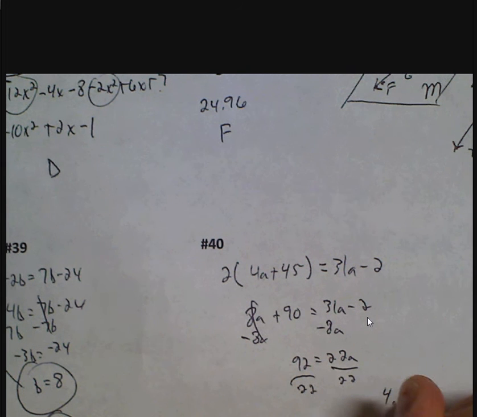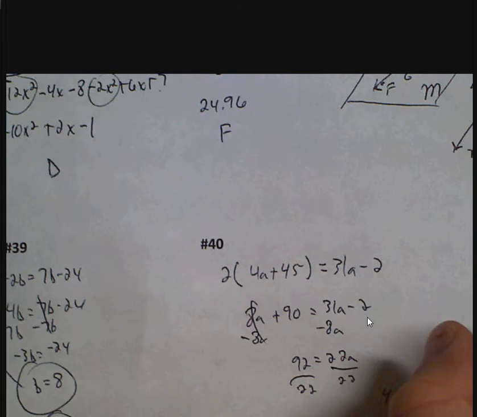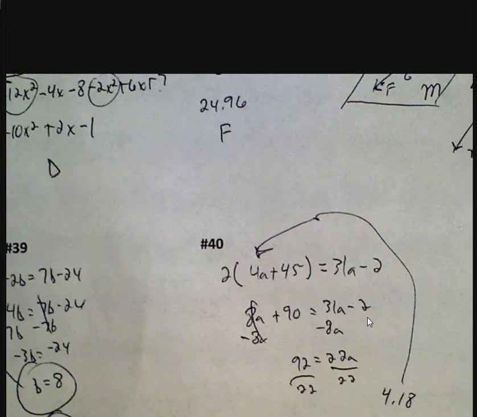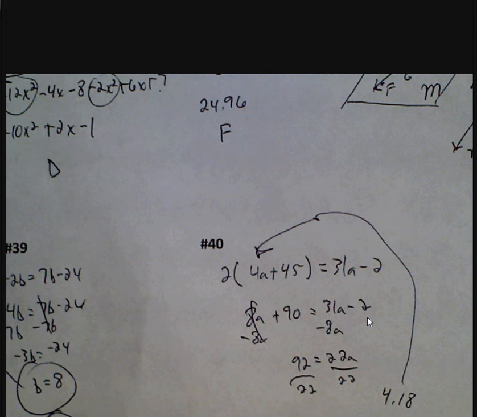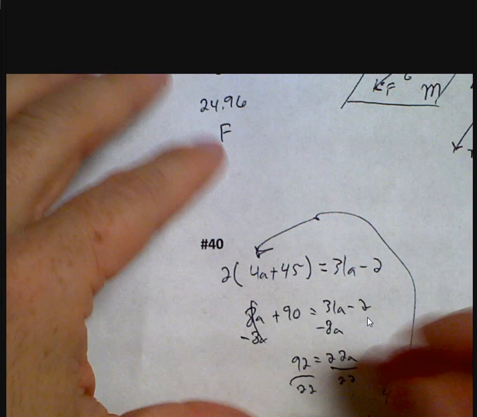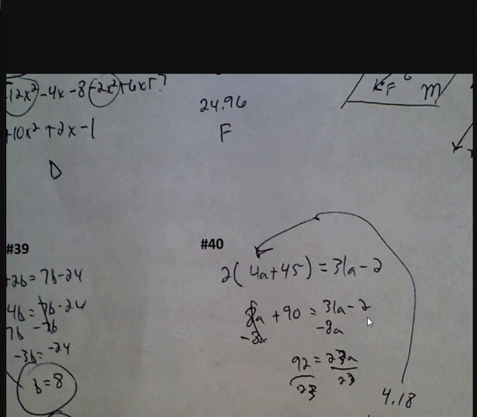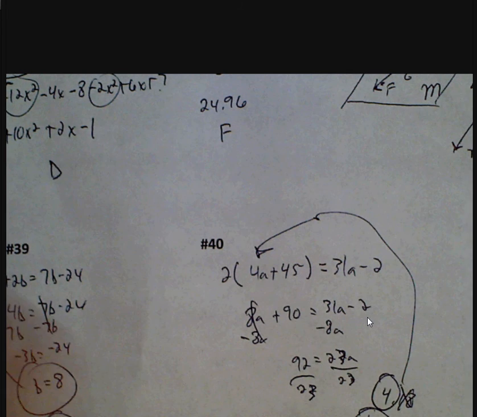Oops, 23. I don't know why I did that. So 92 divided by 23 gives me 4. So A is 4, and 4 times 4 plus 45 is 61 degrees. Now we're done.